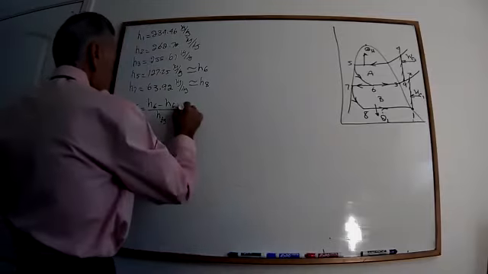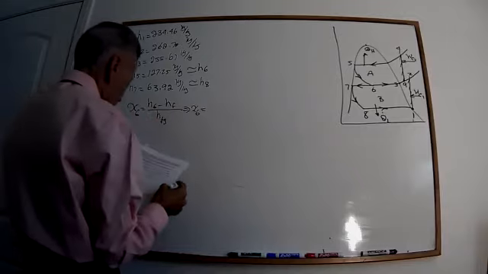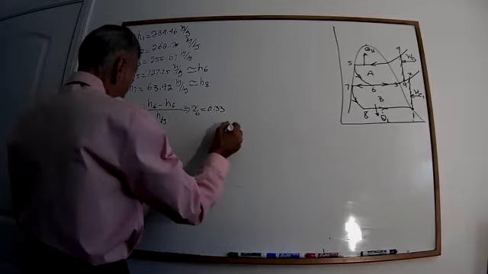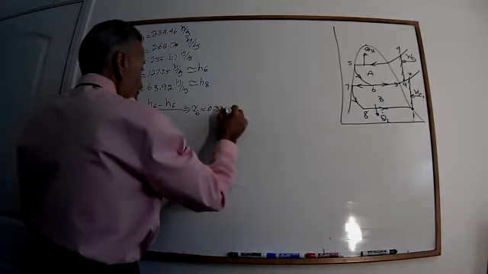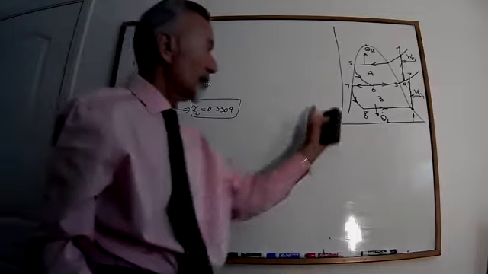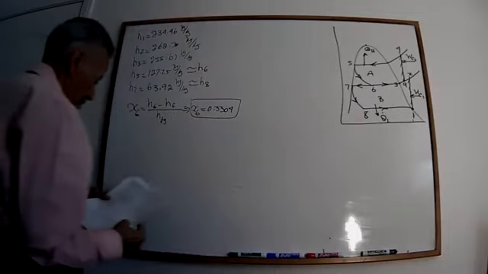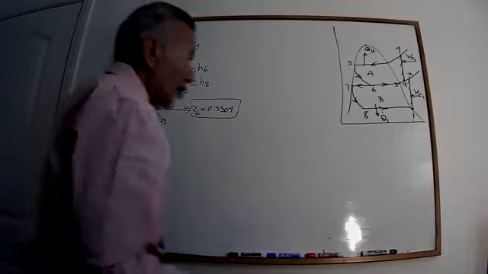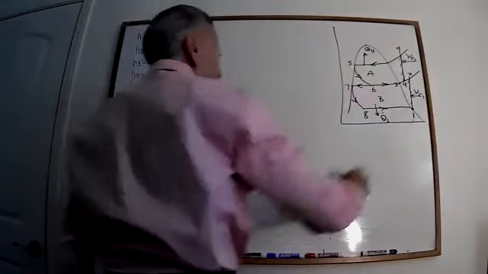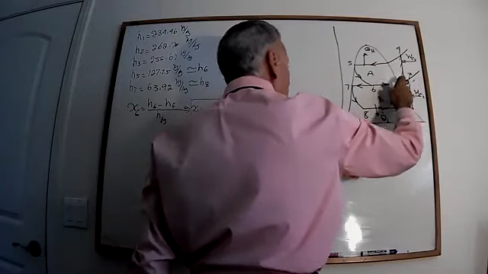And that quality becomes 0.3304. That is the quality. That means 33% going that direction and the balance of it comes this way. So now, in order to find H9 and H4, I need to do an energy balance equation between points 2, 9, and 3.